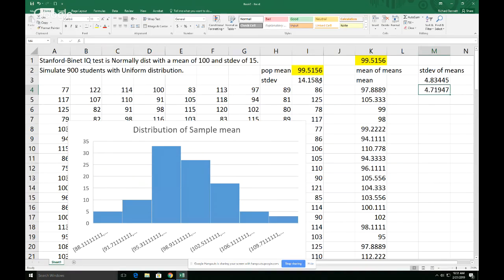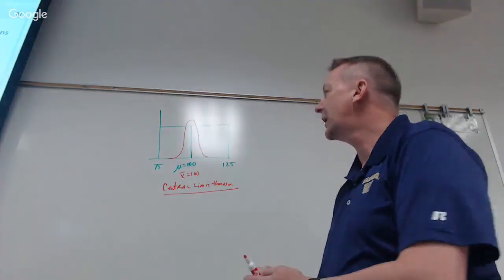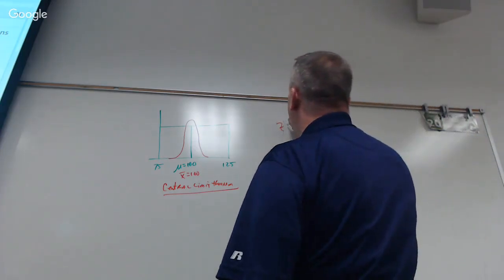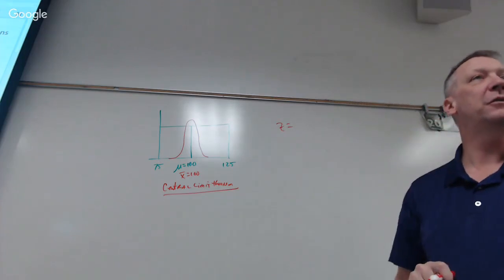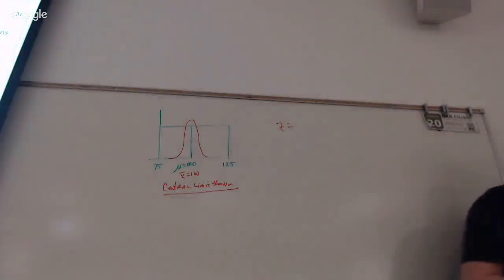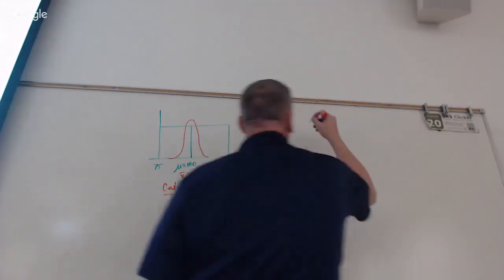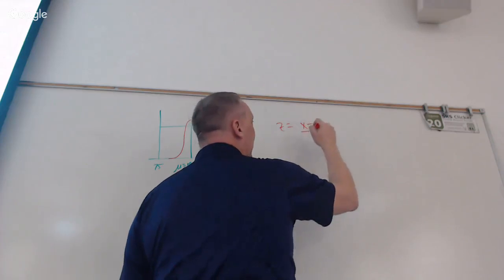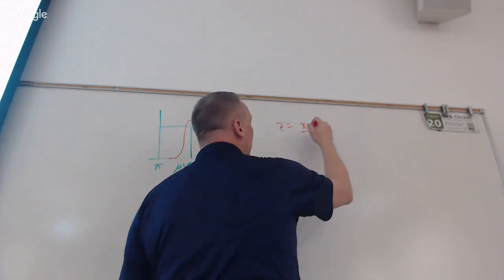Previously I told you, if I stop sharing here, that there were two formulas for the z-score, right? Do you remember those two formulas? Z equals x minus mu divided by sigma.